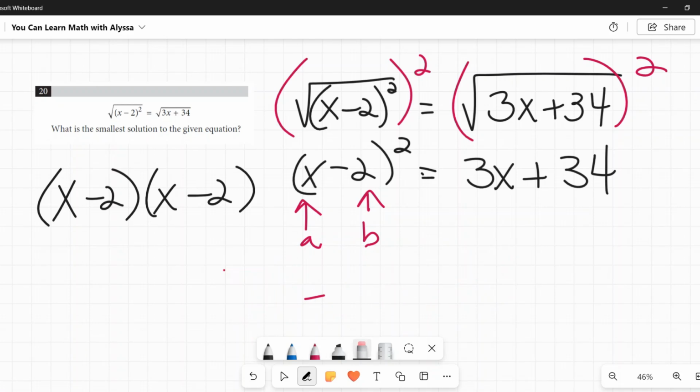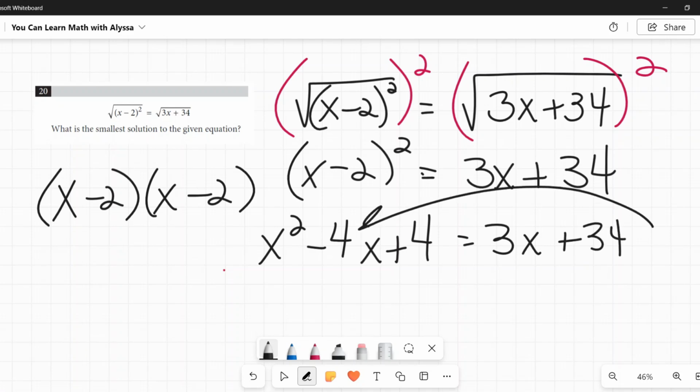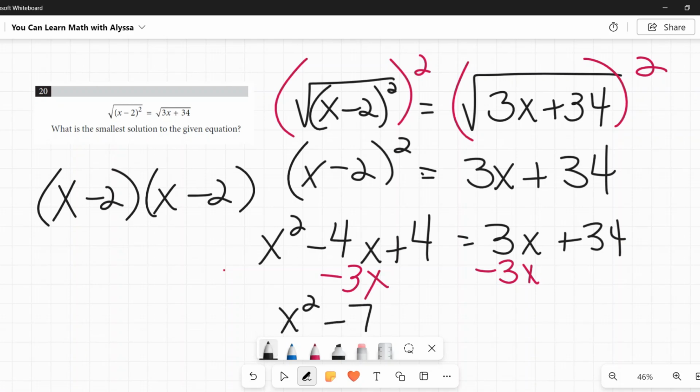But either way that you choose to do it, you're going to get x squared minus 4x plus 4 on the left, and then we have 3x plus 34 on the right. I need to get those over here so that it will be equal to 0, and then I can start solving it. So I'm going to get rid of the 3x first by subtracting 3x on both sides. That gives me x squared minus 7x plus 4, and then I still have that 34 on the right.